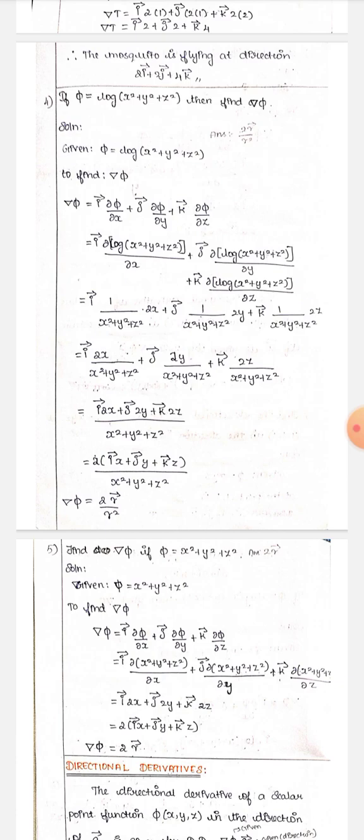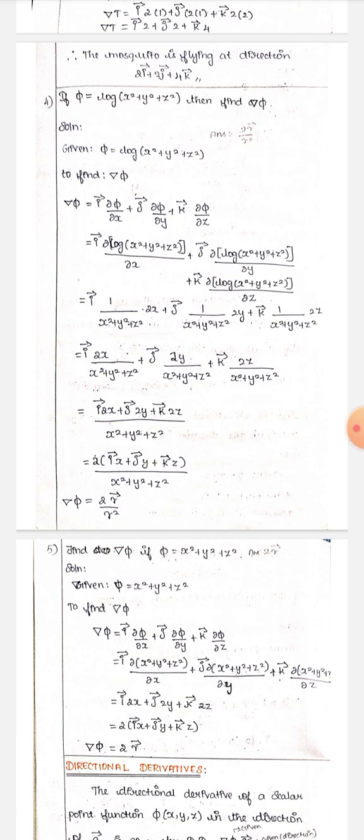So i vector dou of the pi value. The pi value is log of x square plus y square plus z square divided by dou x, plus j vector of dou of log of x square plus y square plus z square divided by dou y, plus k vector of dou of log of x square plus y square plus z square divided by dou z.